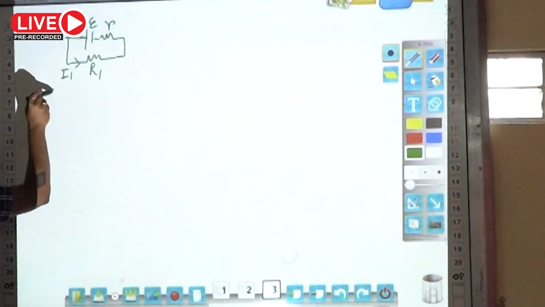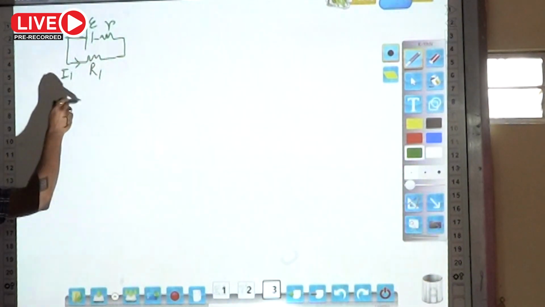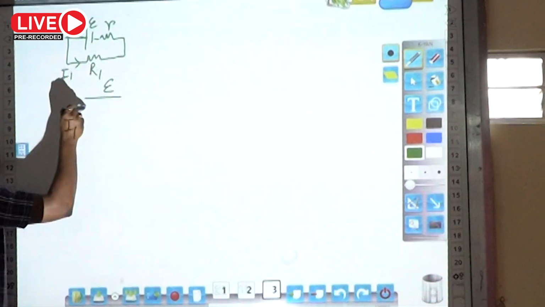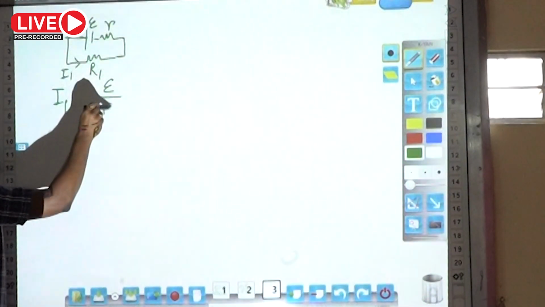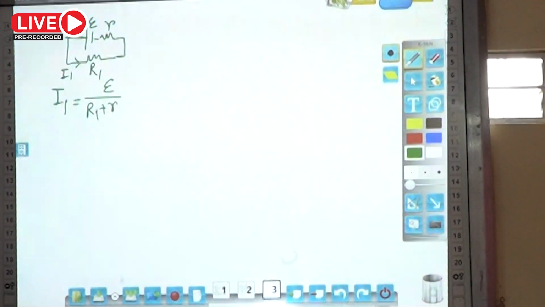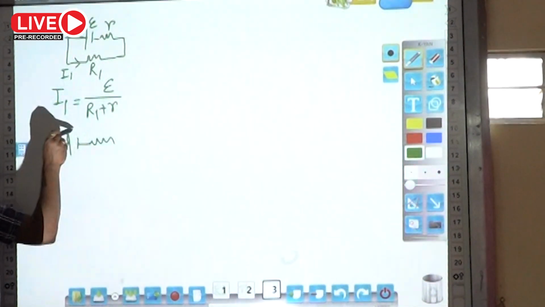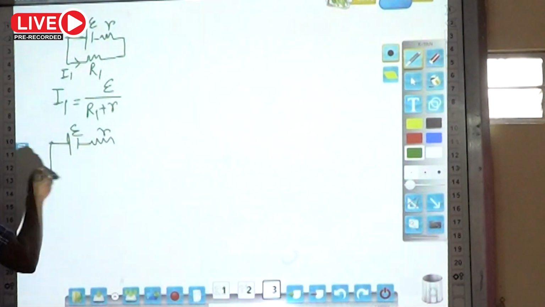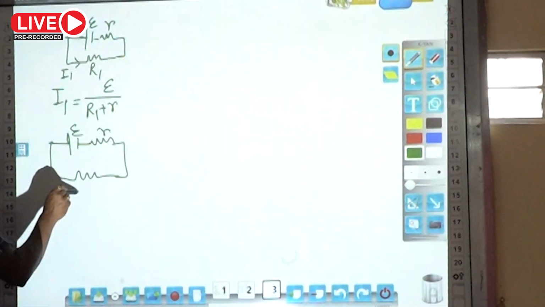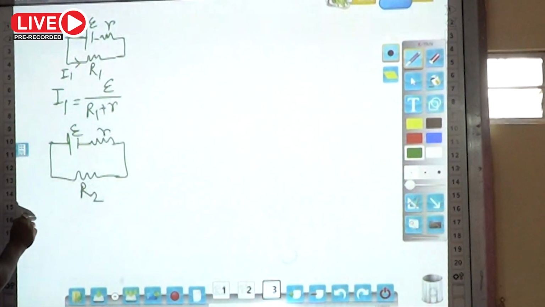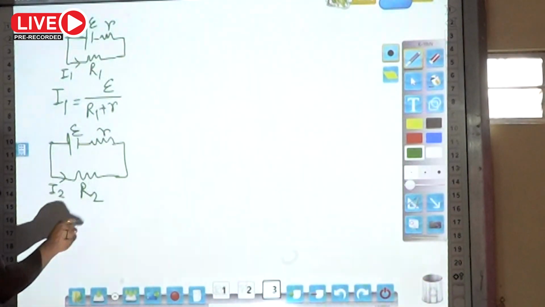Now I will calculate I1. What is I1? E by R1 plus small r, right? Similarly, in the second circuit, when the second resistor R2 is connected, this is I2. So what is I2?